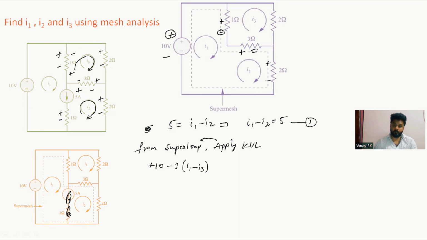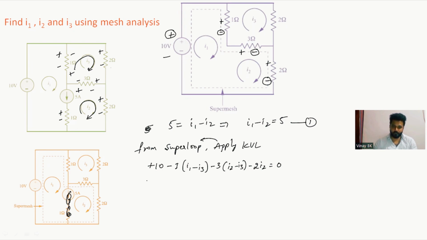Similarly here, minus 3 into I2 minus I3. Similarly, minus 2 into I2 is flowing, minus 2 I2 equals 0. So this is the equation from the super mesh loop.